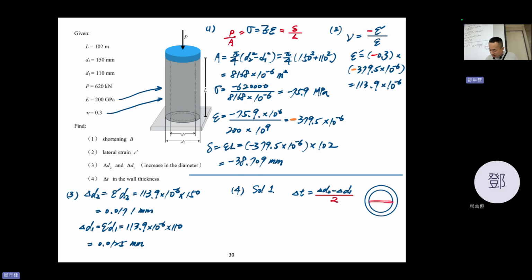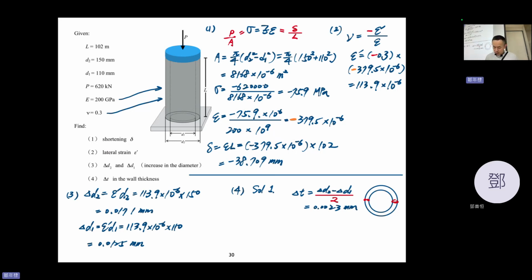If you take your outer diameter minus inner diameter, you have two thicknesses. So when you do delta D2 minus delta D1, you have two thicknesses considered, and you need to divide by 2. You need to be really careful about this. It equals 0.0023 millimeter. This is solution 1.